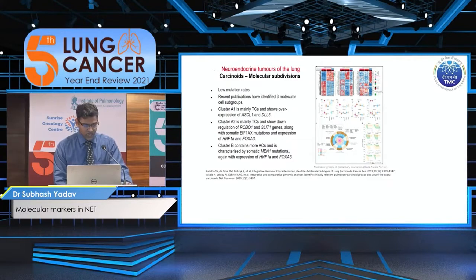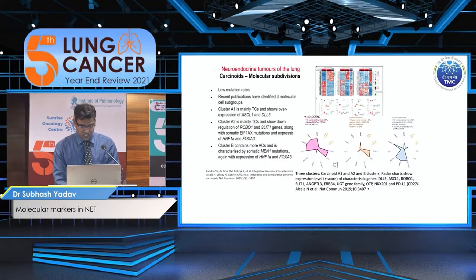And there is a cluster B, which has some overlap with the gastropancreatic neuroendocrine tumors, which show somatic mutations in MEN1 and FOXA3. So this is how the clusters are divided.